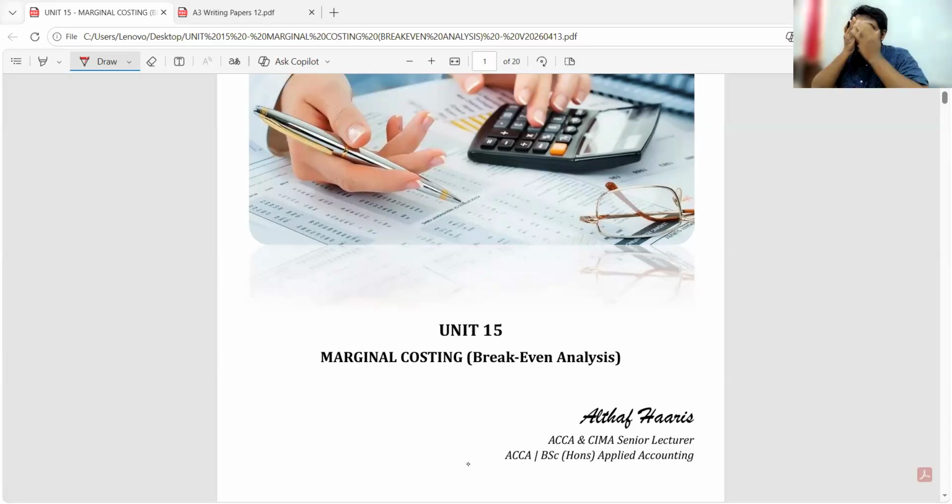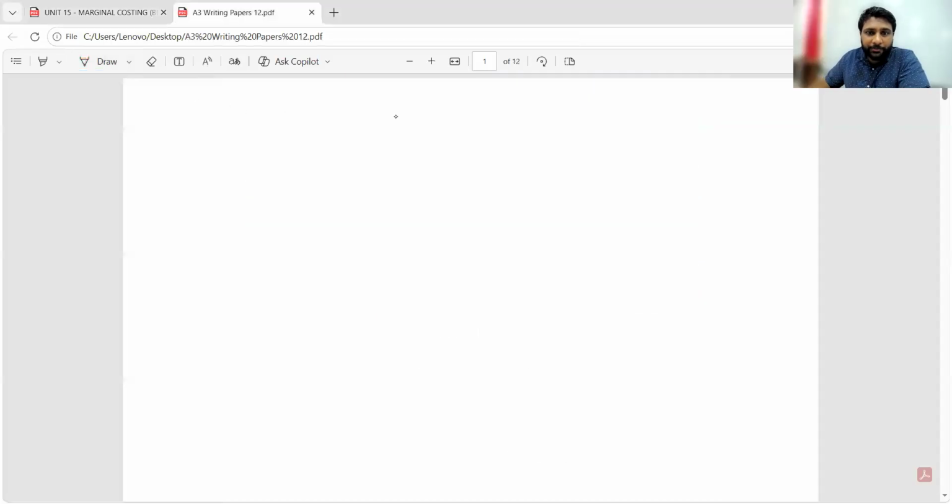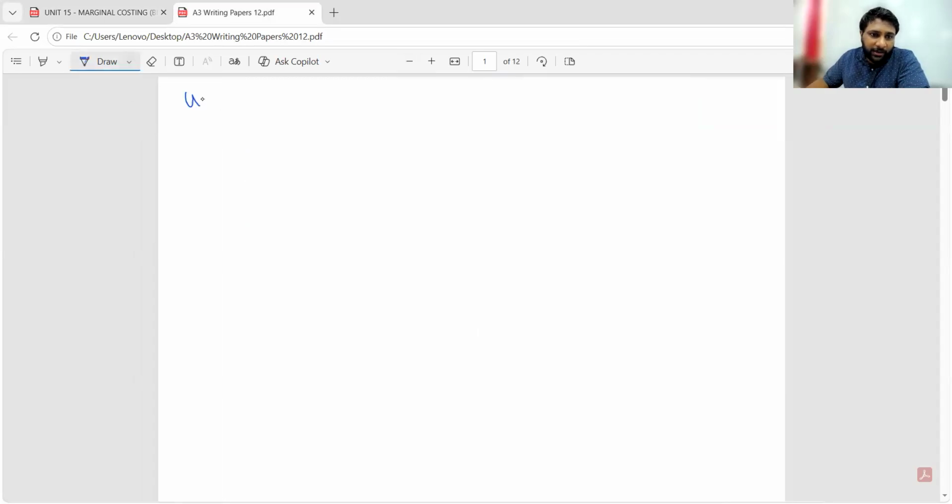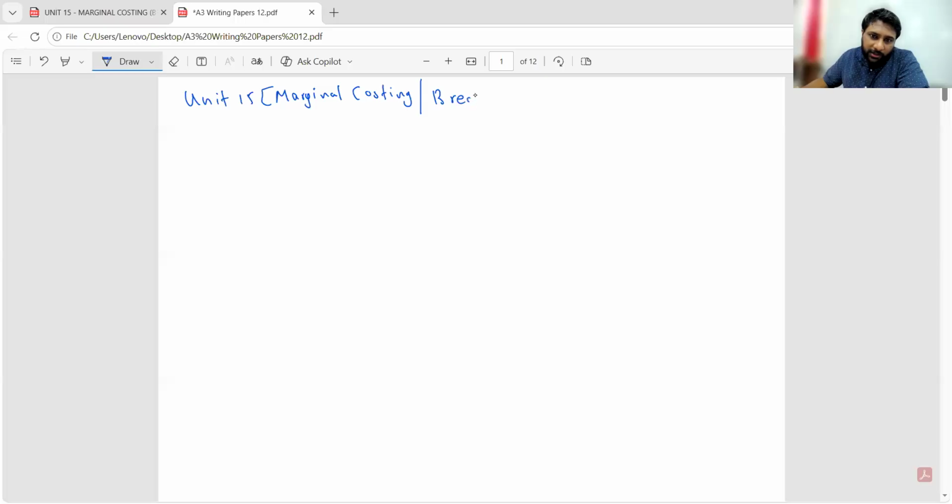Okay, so let's start the unit. Unit number 15, marginal costing, break-even analysis. And there is another name for this particular unit, people. Certain people use the word marginal costing. Certain people use the word break-even analysis.